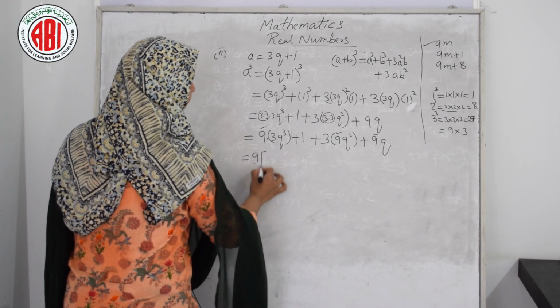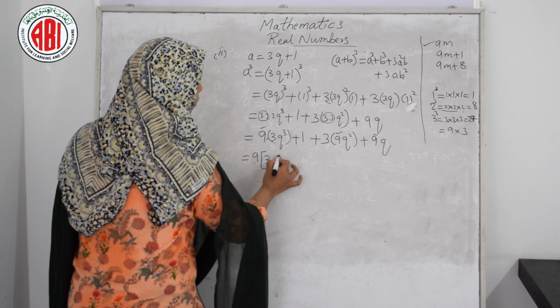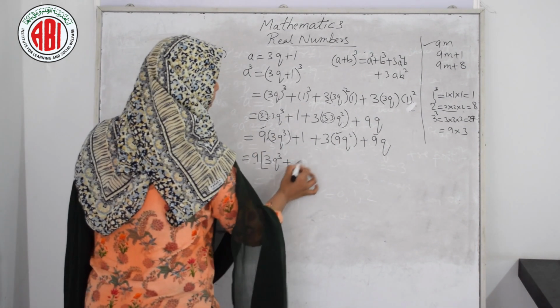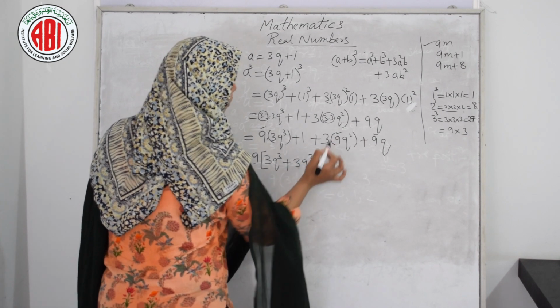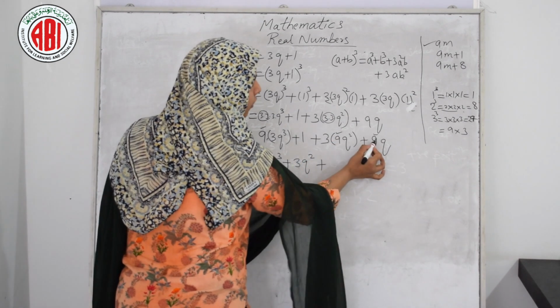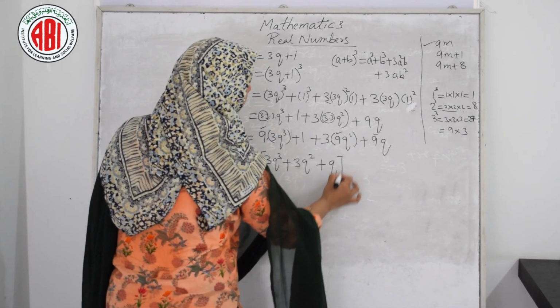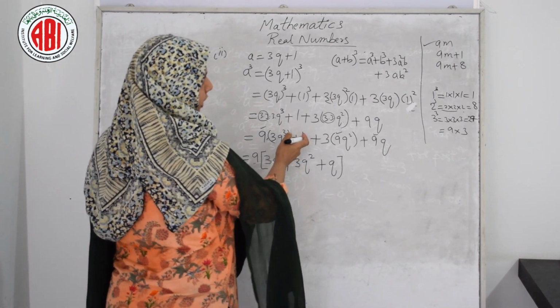We are taking 9 common, make the bracket. So what is left out terms here? 27q cube, plus we are taking out 9 common, so what is left here? 3q square. Plus here also we are taking 9 common, so what is left? q. The left number is 1. We can't take 9 common here.